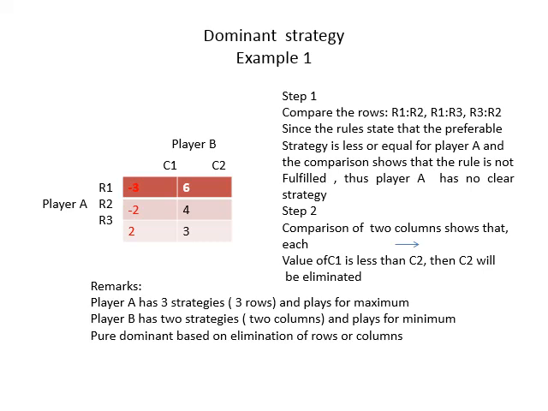Why? Player A has no clear strategy because the comparison between these rows does not fulfill the rule of dominance.